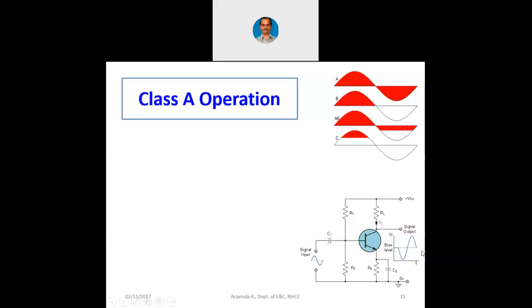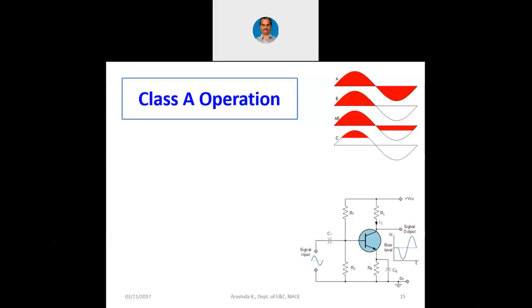As you already know, the common emitter amplifier provides a 180 degree phase shift. So you can see the complete input signal is reproduced at the output and there is no clipping. It is a faithful amplification. For finding out the range of faithful amplification only, we go for the concept of AC load line.